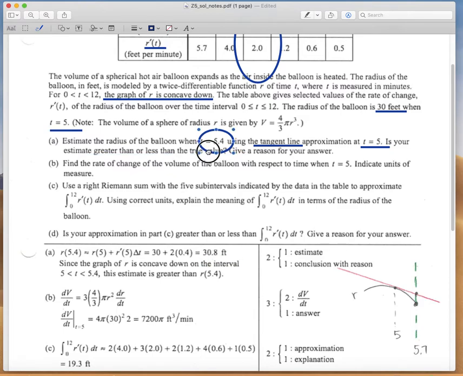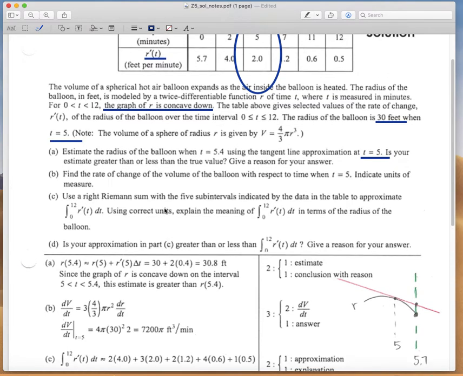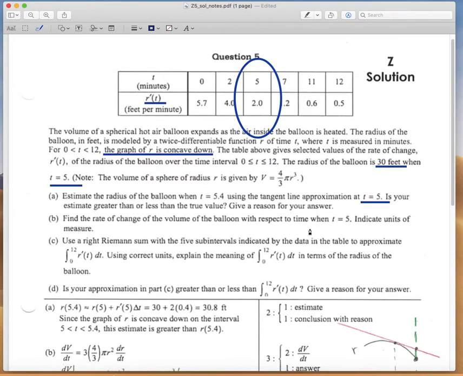Okay, so let's go on to part B. Part B is asking to find the rate of change of volume of the balloon with respect to time when t equals 5 and indicate units of measure. The rate of change of volume of the balloon with respect to time. So I need to think about volume. Here is a volume formula, but it's not rate of change of volume with respect to time, it's just volume.